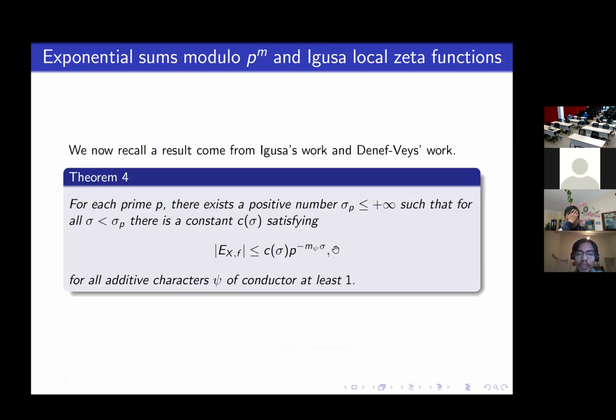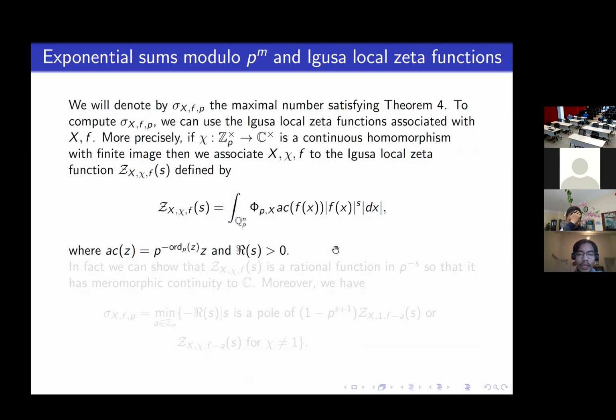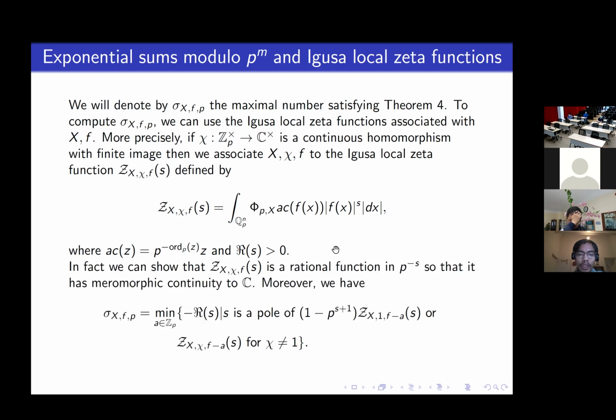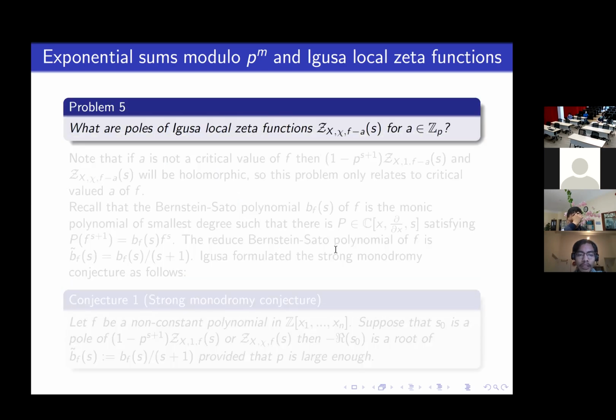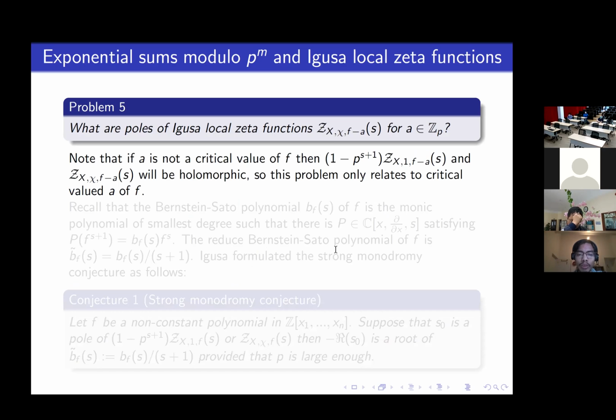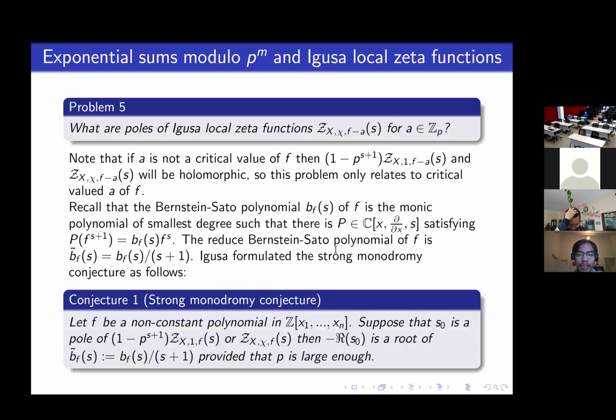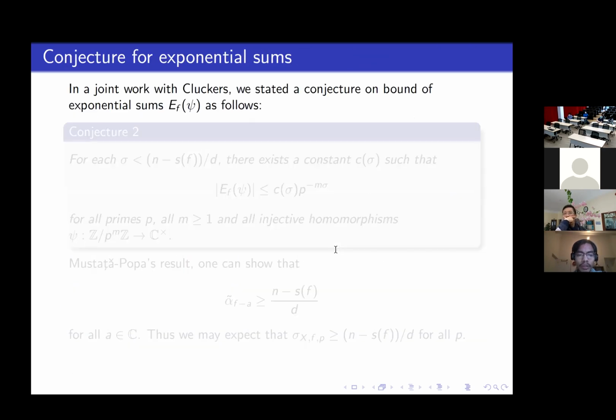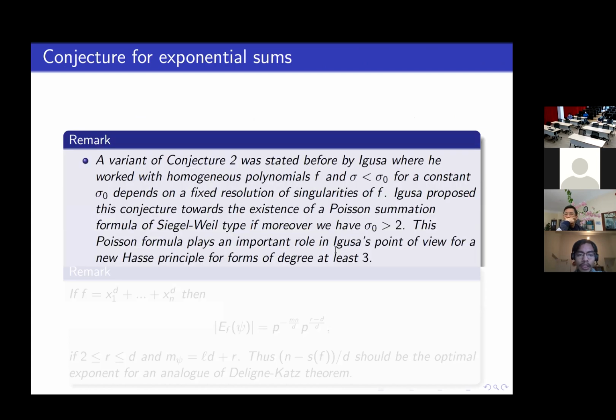So if we can show that σ_{X,F,p} is at least (n minus n_F) over (2d minus 1), then we can work with small p by using Theorem 4. That is why I want to show that σ_{X,F,p} is at least (n minus n_F) over (2d minus 1). And now we continue with the idea for step A.